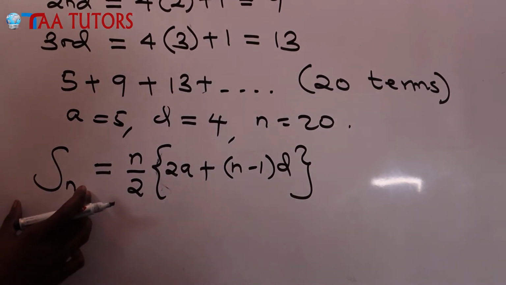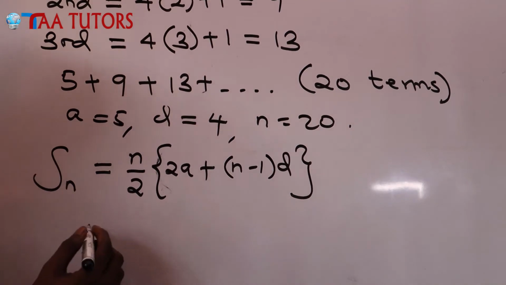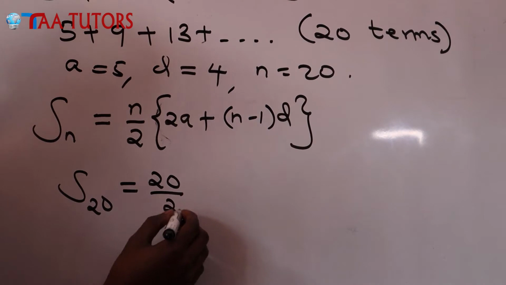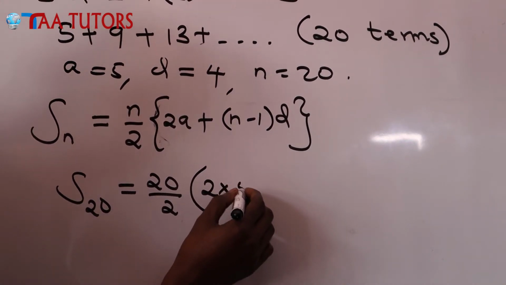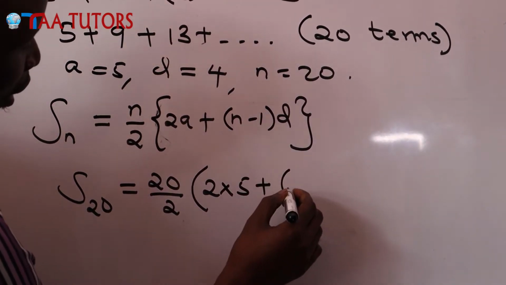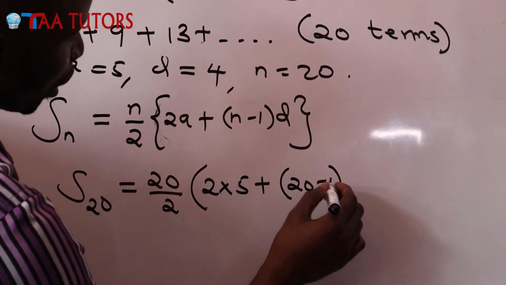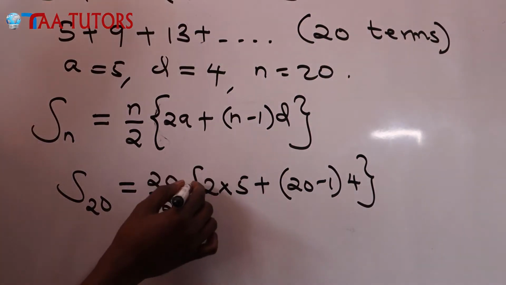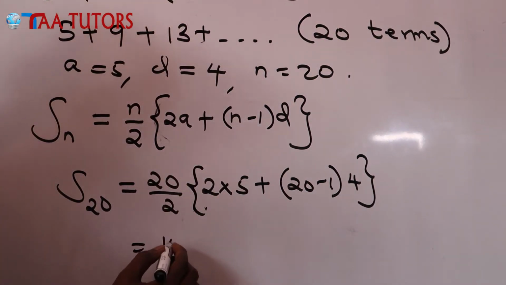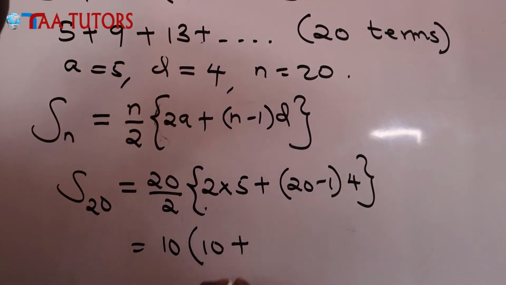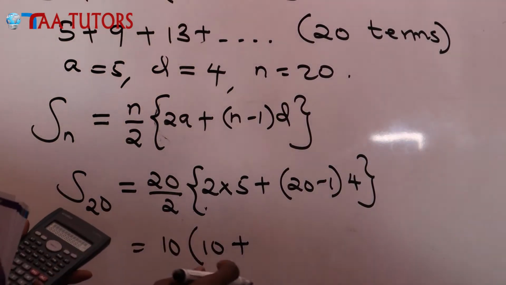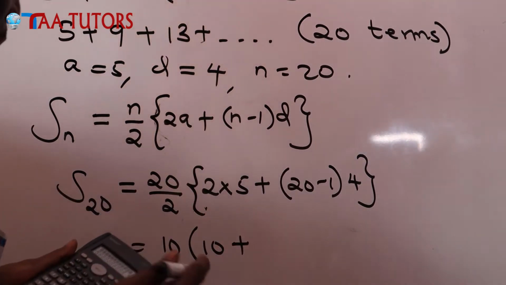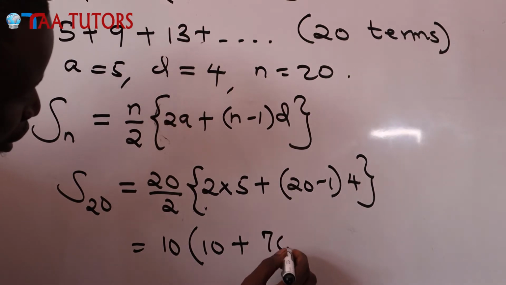So the sum of 20 terms will be equal to 20 divided by 2 into 2a, and a is 5, plus n minus 1, and n is 20, times the common difference, which is 4. So we know that this is 10 into 10 plus, we have here 20 minus 1 is 19, so 19 times 4 is 76.